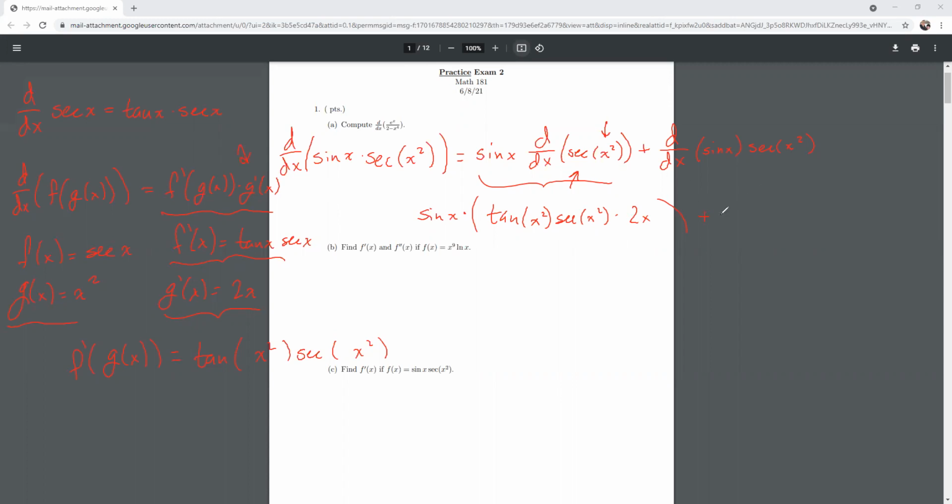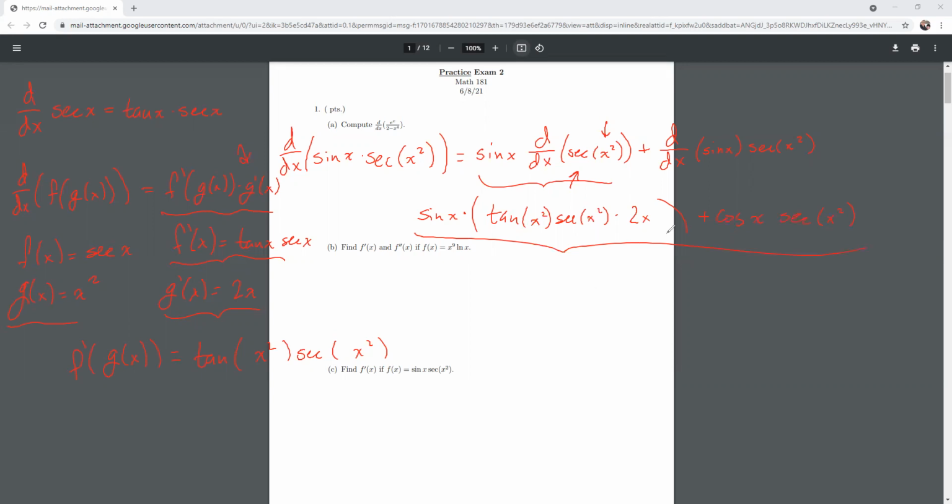Now we'll deal with the second term. The second term is the derivative of sine of x. So remember, the derivative of sine of x is just cosine, right? So we have cosine of x, secant of x squared. And there's our answer, this whole thing.